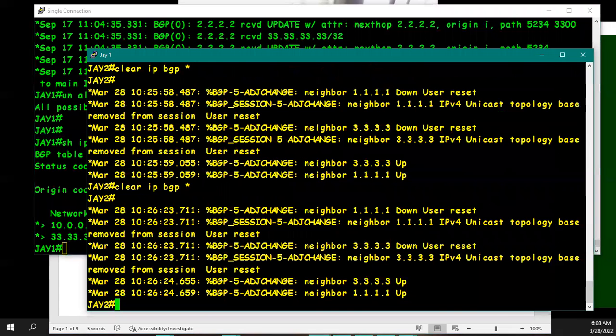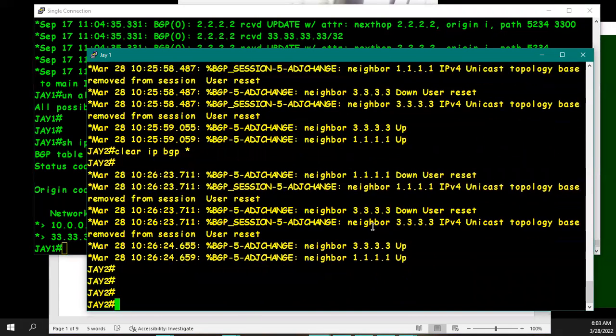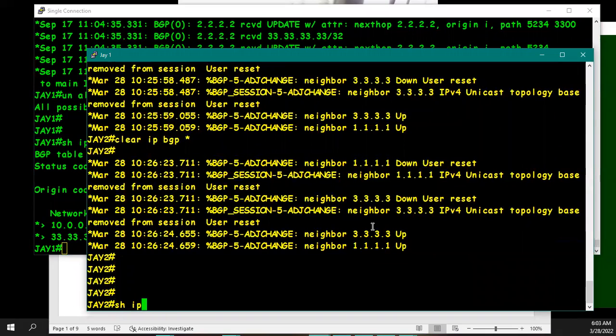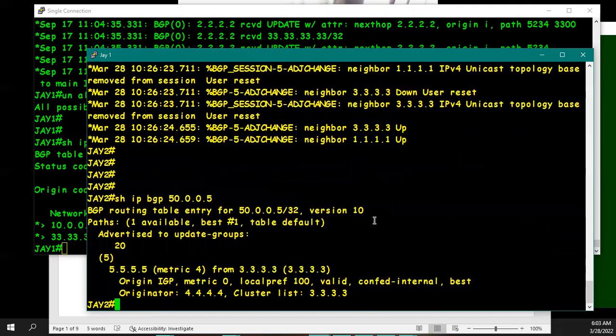So for example, let's do this. Show IP BGP. Let's say we want to learn 50.0.0.5. Let's see what comes up there. Here you'll see that this route was learned from 3.